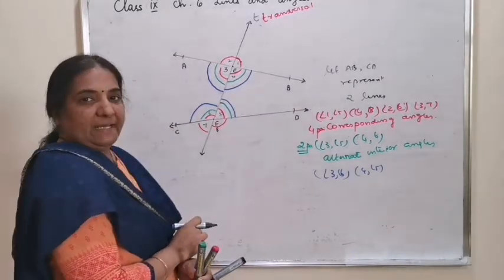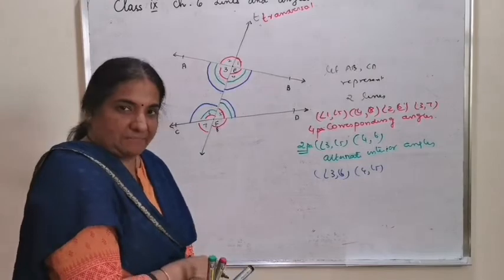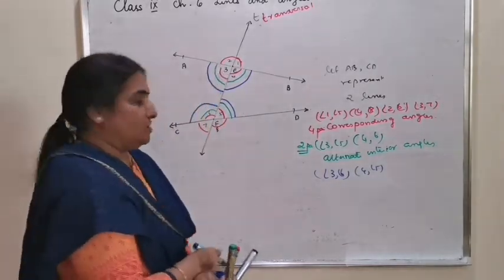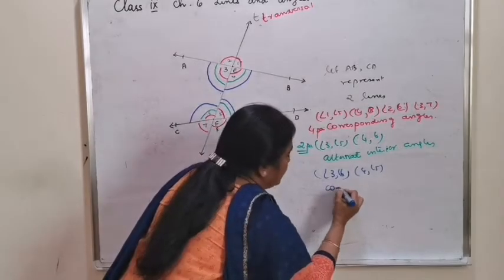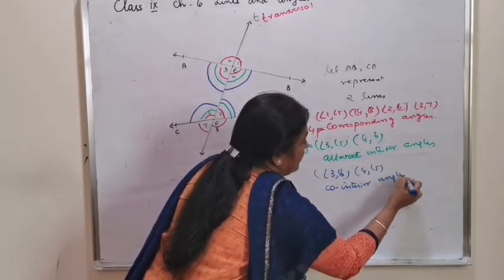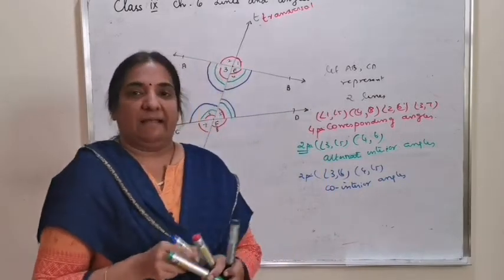They are named as co-interior angles. That means they lie on the same side of the transversal. So there are two pairs of co-interior angles.